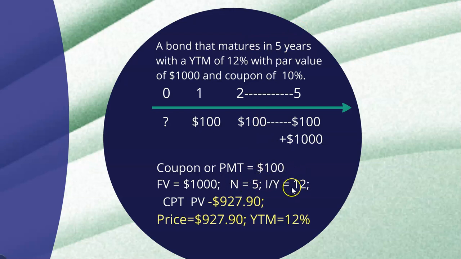I/Y is 12. So you compute your PV and you get negative 927.90. The PV is nothing but the price. So the price is 927.90 and your YTM is 12%.